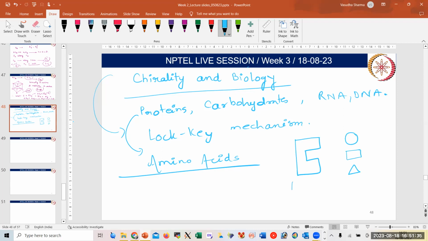So this is my lock. Only this key is going to fit in this space. These two will not. So for every lock, there is 1 key. That is the way the lock and key mechanism works, and it helps in understanding many mechanisms which are happening at the enzymatic level or the biological level.